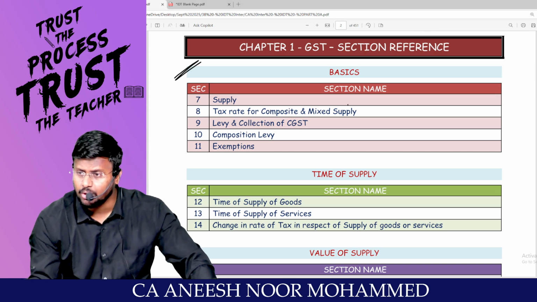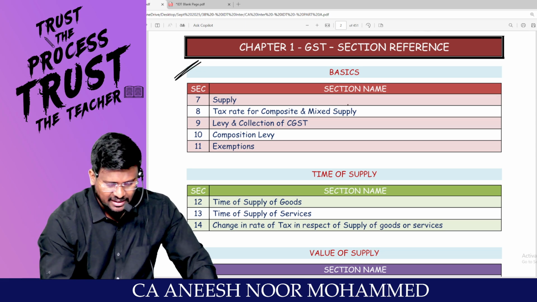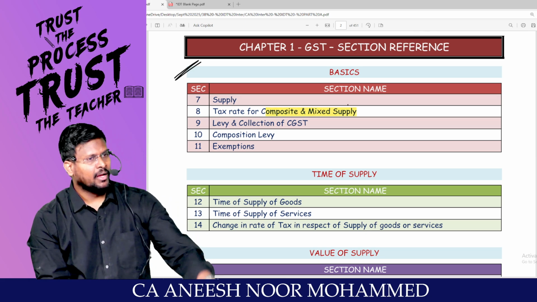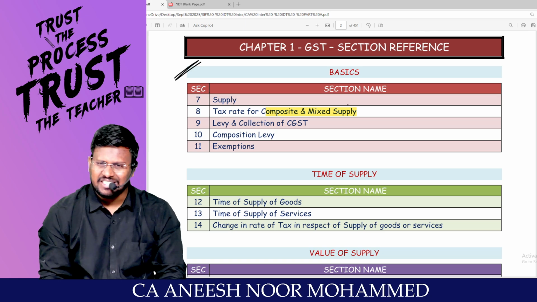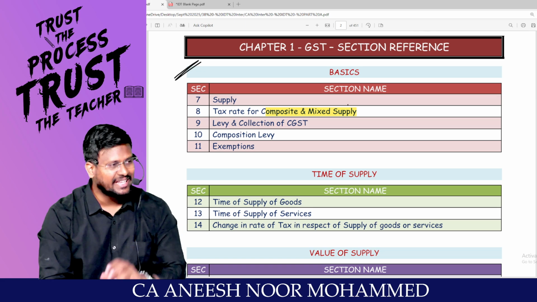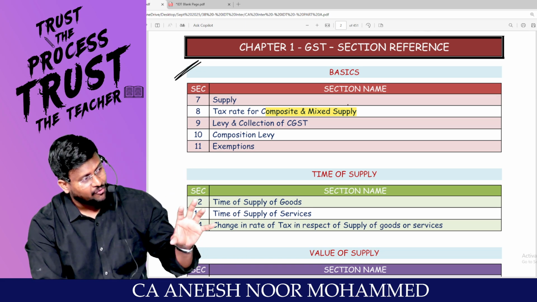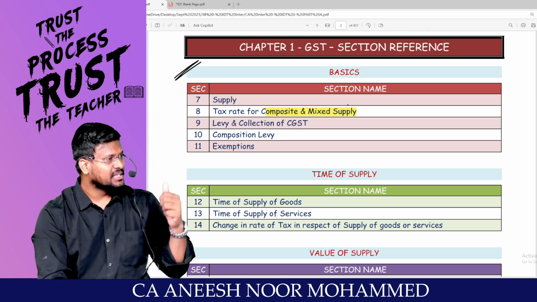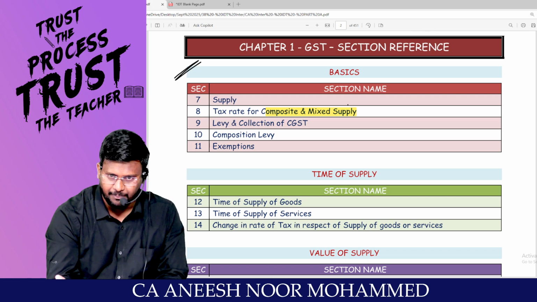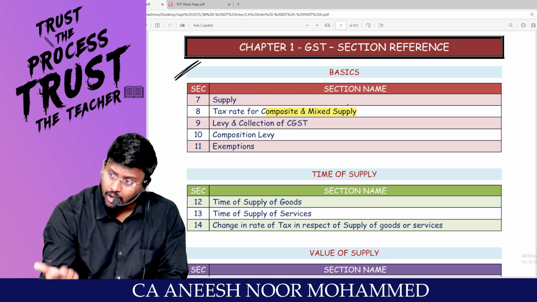Section 8 talks about tax rate for composite and mixed supply. First of all, we have to classify the activity or transaction into supply or not. In supply, there are varieties of supplies. There are composite supplies and there are mixed supplies.